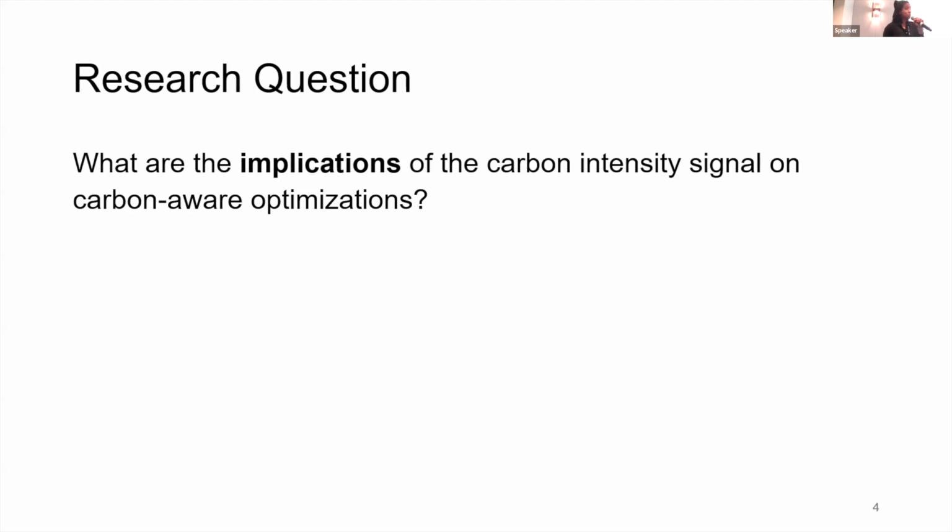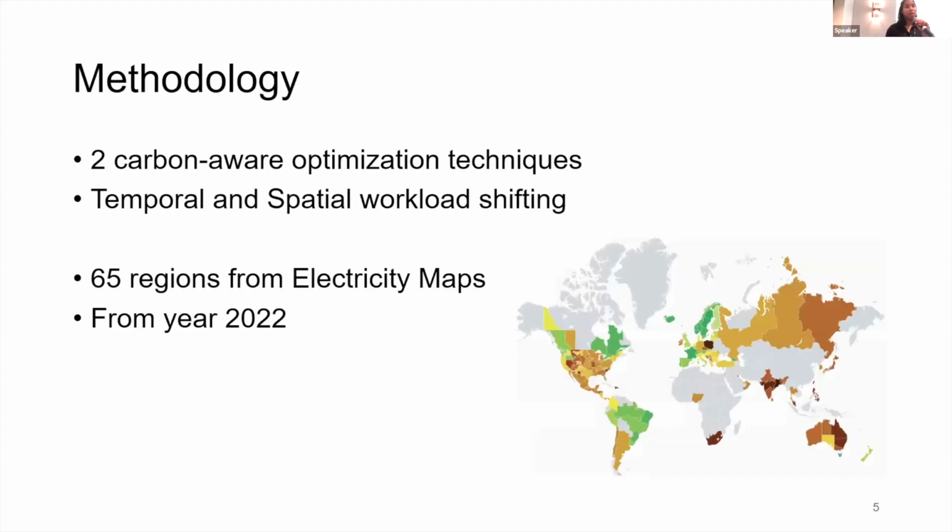Our research question focuses on the implications of the choice of carbon intensity signal on carbon-aware optimization. To do that, we look into two carbon-aware optimization techniques: temporal and spatial workload shifting. We use data from Electricity Maps that include 65 regions from the year 2022 for both average and marginal data.